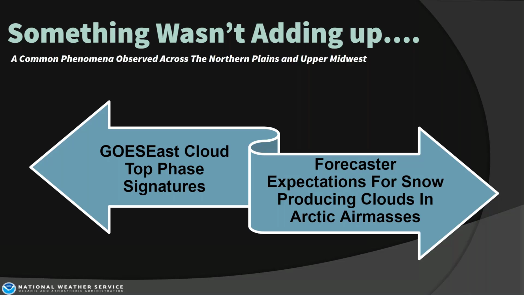It really started with getting some signatures on the cloud top phase: a low stratus in January, in the heart of winter in this Arctic air mass, that really wasn't making sense for the temperature regime that stratus was in. So the forecaster really had to reassess what the conceptual model was and what their expectations were for snow producing clouds in these Arctic air masses. And the two didn't jive, and we'll talk about that a little bit.